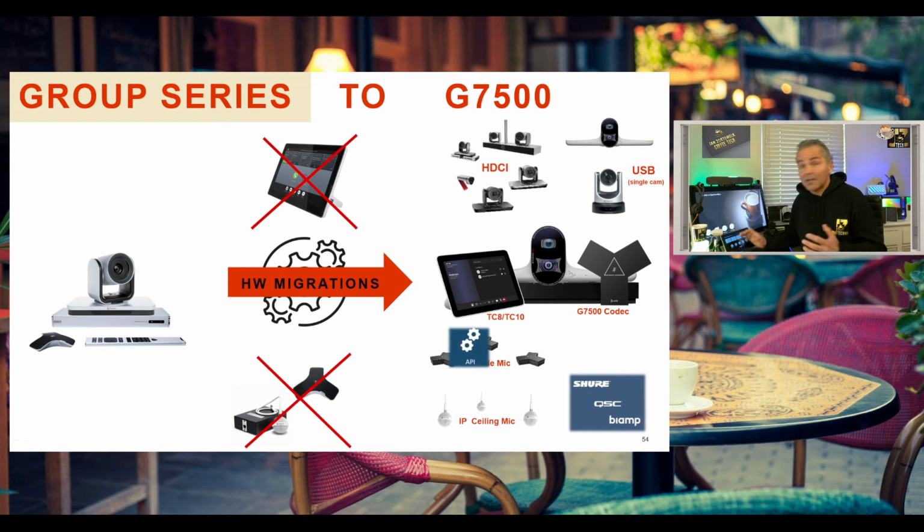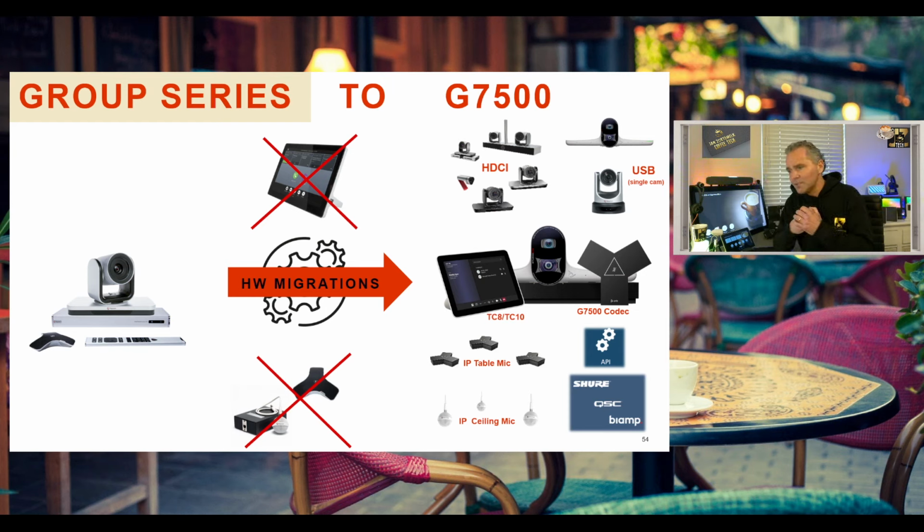Lastly, there are the APIs. On the group series, there were many programming APIs through serial and through IP. Most of these are also transferred and available on the G7500. I would recommend always with these types of things to get in contact with an AV integrator and test that out.